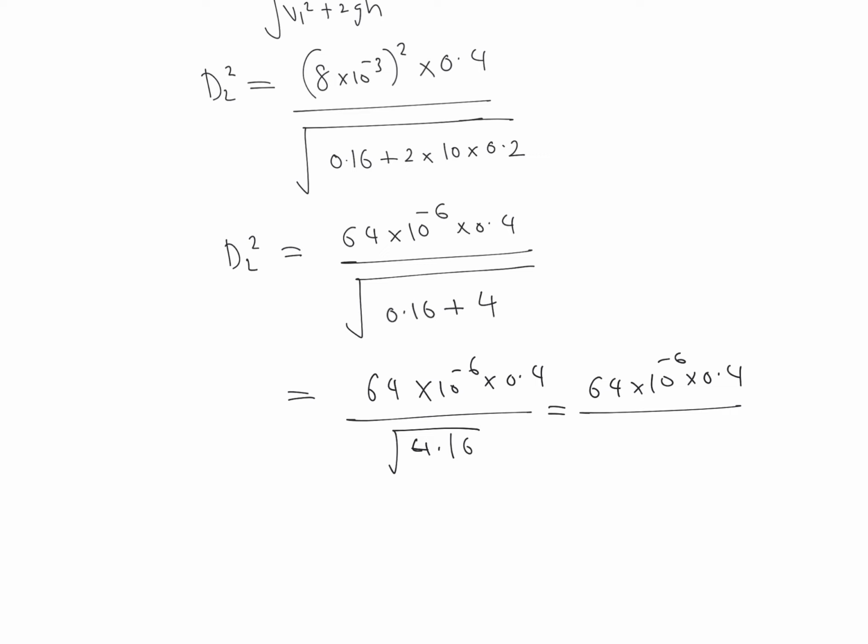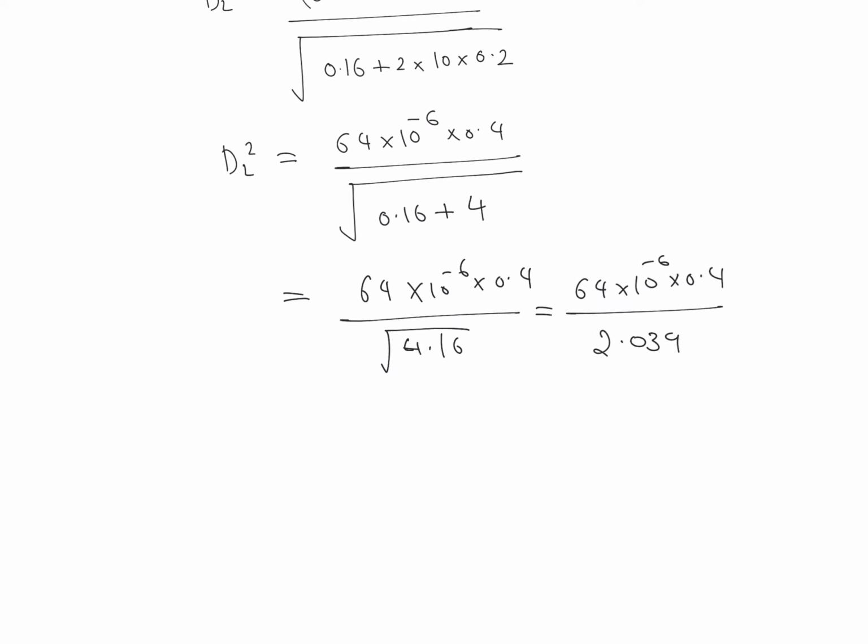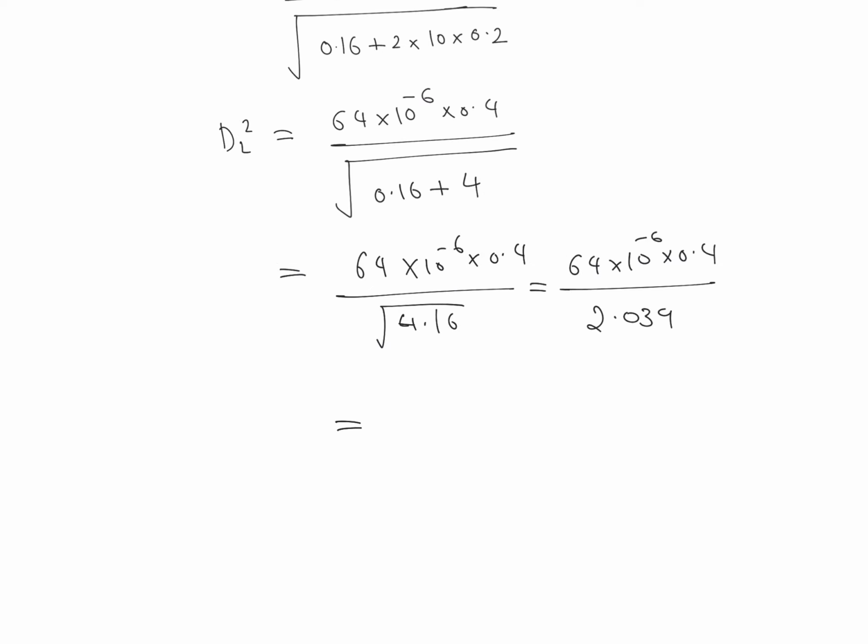We can take the root of this approximately as 2.039. So we can write approximately it is 64 into 10 raised to minus 6 into 0.4 by 2, approximately 0.2, and 0.2 into 64 will get something like 12.8 into 10 raised to minus 6. So this is the value of d2 square.